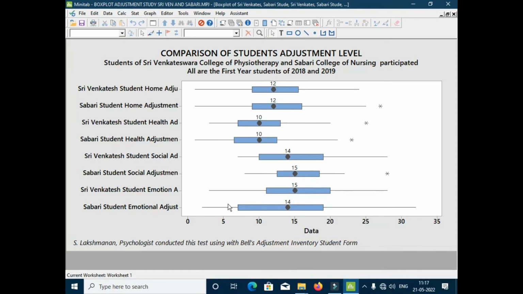In this box plot we understand that in home adjustment there are outliers in Sabari College, and Venkateswara College also has outliers. In social adjustment, Sabari College extends the outliers, with more students having the highest scores. In emotional adjustment, the range is very enormously different in this data. Okay, thank you, viewers, thank you.